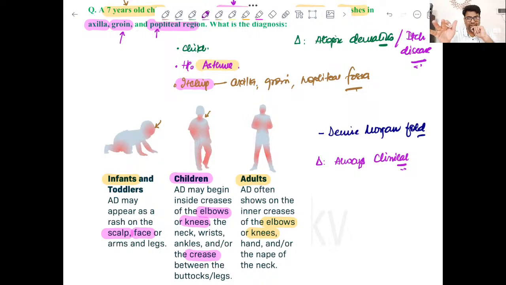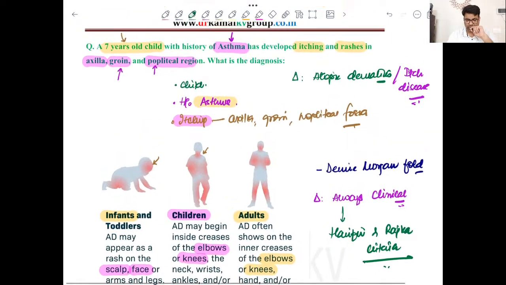You don't have any test or other measures to reach the diagnosis. You have to assess the symptoms and then reach a clinical diagnosis. And for making a clinical diagnosis, we do use the Hanifin and Rajka criteria, right? So we use these criteria to reach a clinical diagnosis of atopic dermatitis.